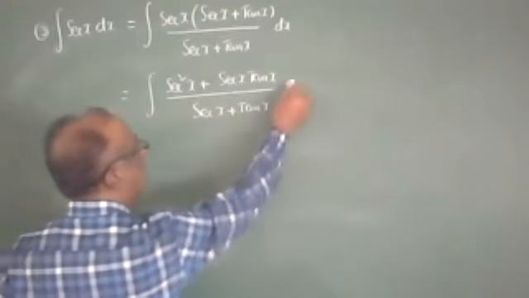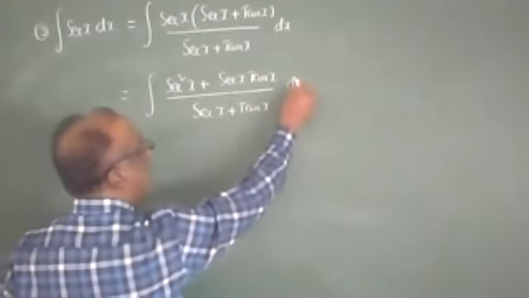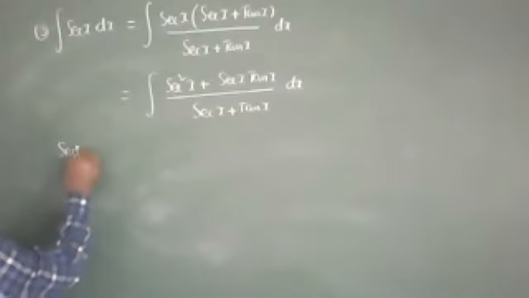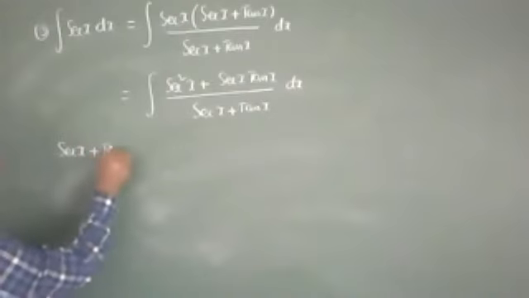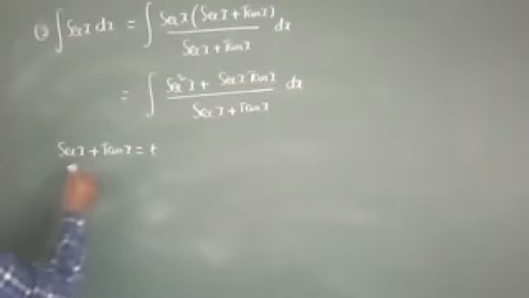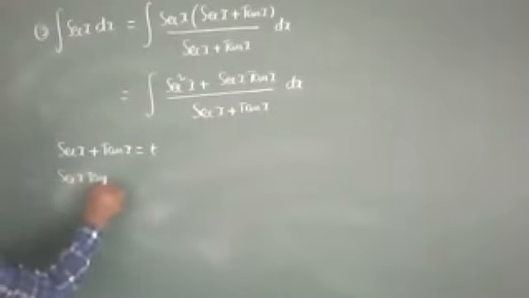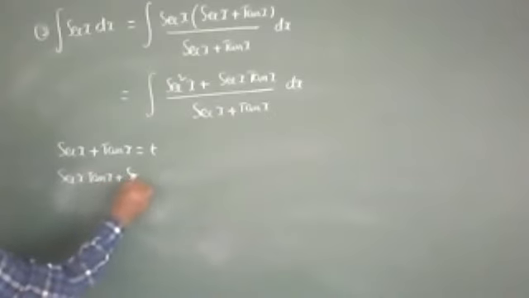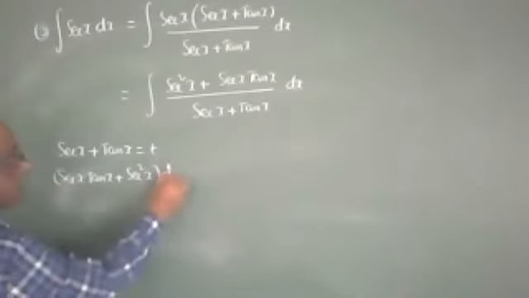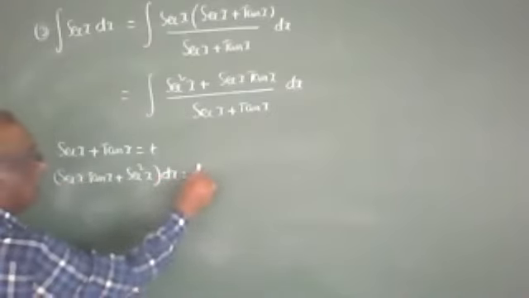Let the denominator be t. So secant x plus tan x is equal to t. The derivative of secant x is secant x into tan x, and of tan x is secant square x, so into dx is equal to dt.